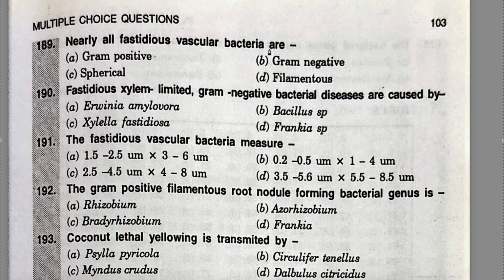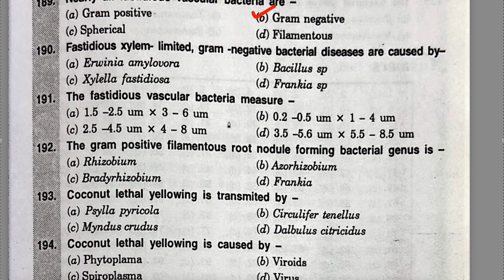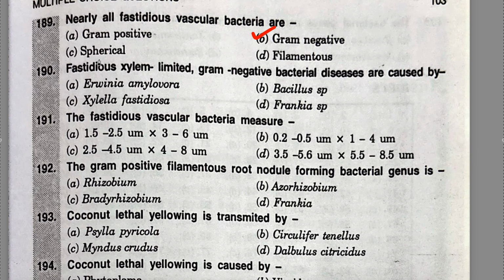Most of them are gram-negative. 190. Fastidious xylem limiting gram-negative bacterial disease are caused by Erwinia, Bacillus, Xylella, or Frankia. It is Xylella.